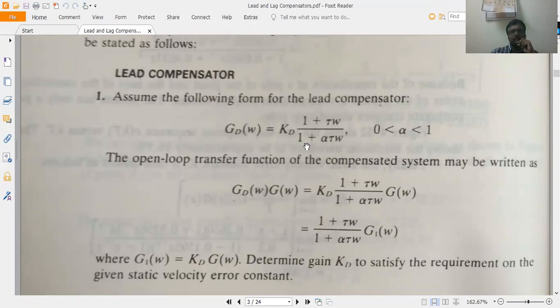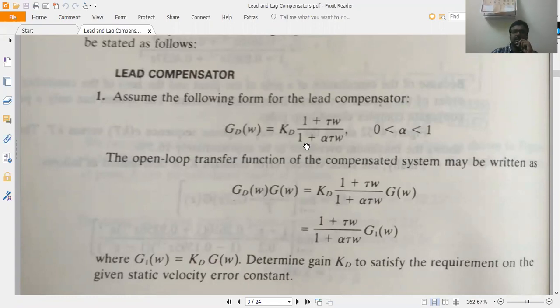So assume the following form for the lead compensator, that is GD of omega is equal to KD into 1 plus d omega divided by 1 plus alpha into d omega, and the alpha value should lie between 0 and 1. Therefore, the open loop transfer function of the compensated system may be written as GD of omega into G of omega is equal to KD into 1 plus t omega divided by 1 plus alpha into t omega into G of omega.